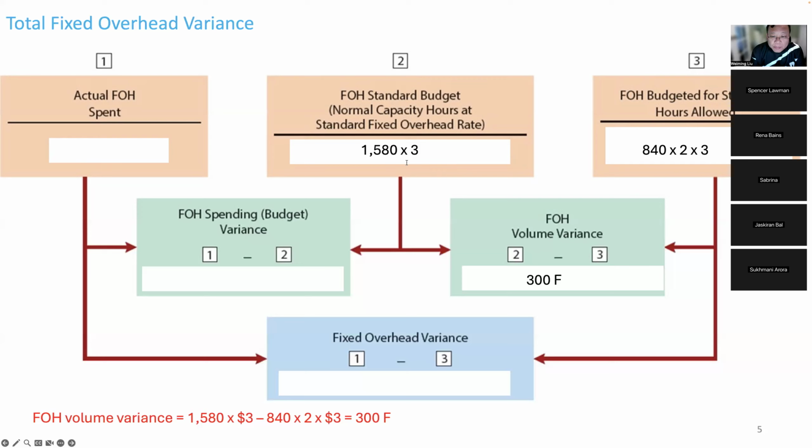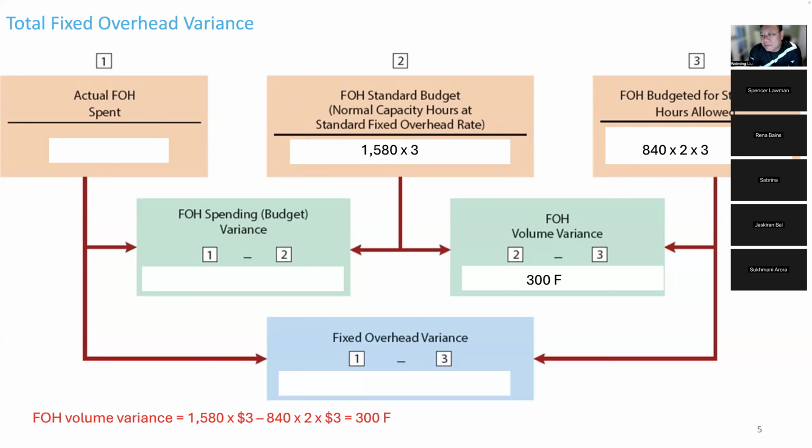Could you explain how the volume variance is favorable? Yes. According to the annual budget, the normal capacity for each month is 1,580 direct labor hours.